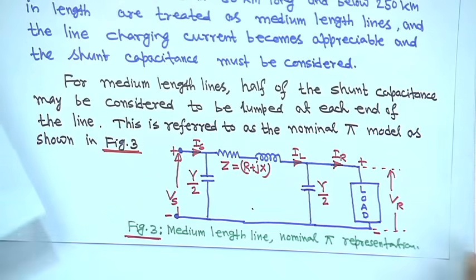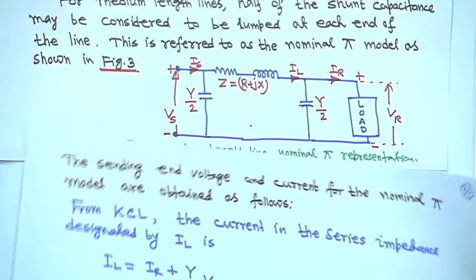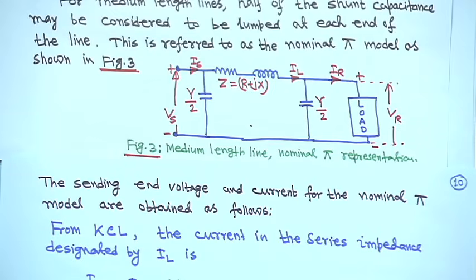Now we have to find the sending end voltage and current for the nominal pi model in the form of ABCD parameters, right.